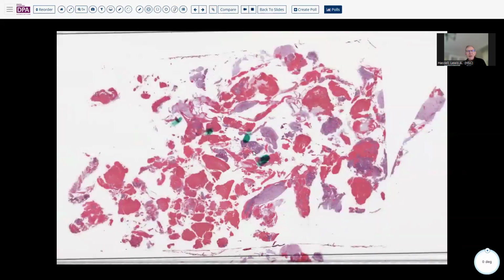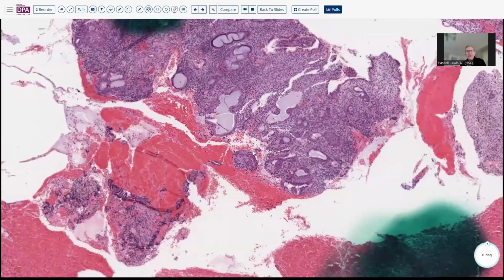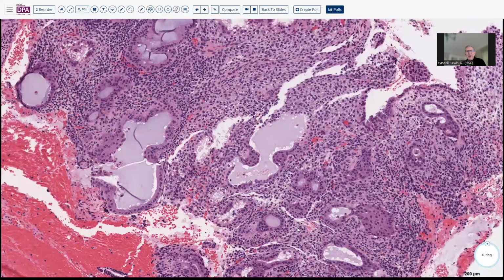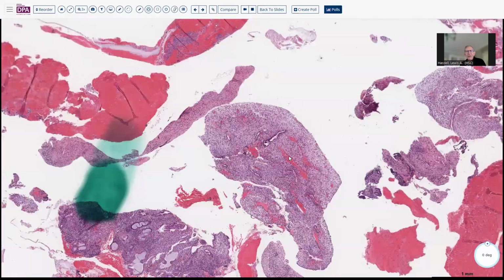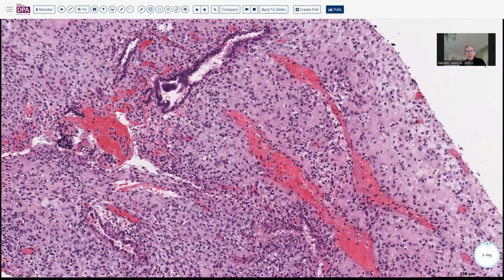And here's a nice example, I believe, of this, where here's a degree of architectural complexity still remaining in this treated tissue, whereas the other more benign areas have here the decidual change and very atrophic glandular features.